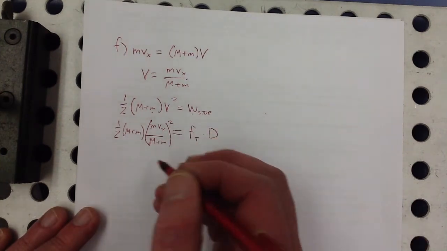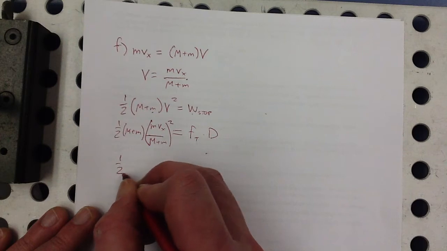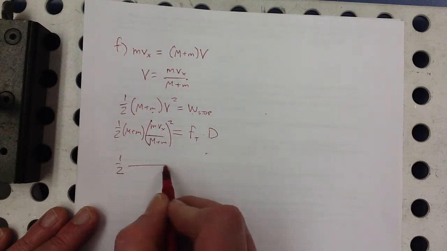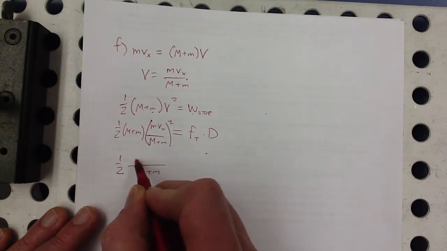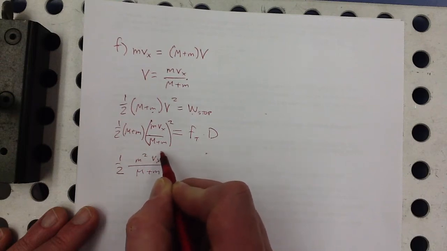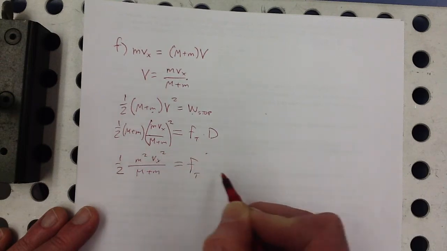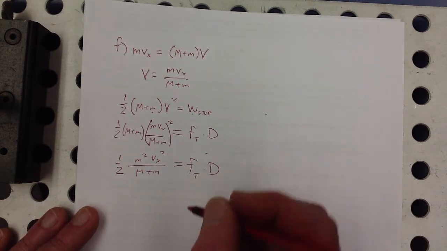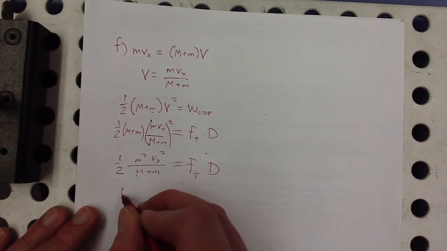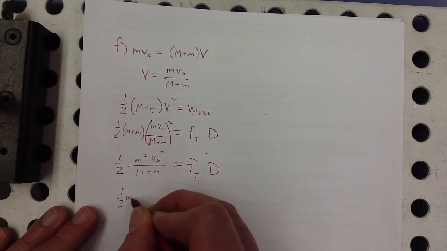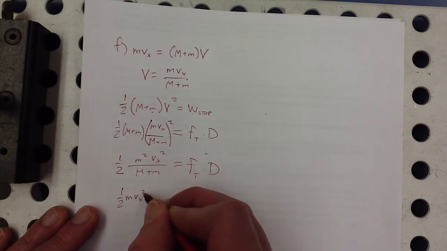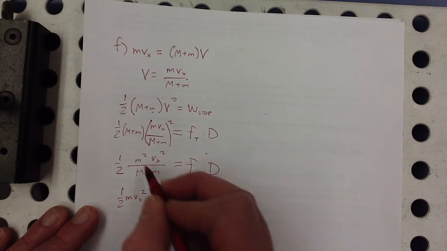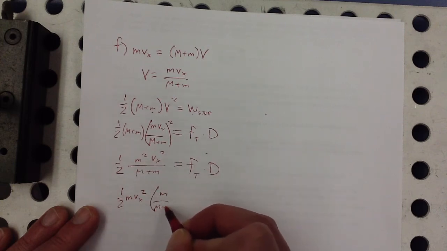Right? Well, let's just do a little simplifying here first. So I got 1/2. One of those cancels out. I still have an m plus M on the bottom. m squared Vx squared equal to g times d. Right? And if you rearrange things a little bit here, you can get 1/2 m Vx squared, and then you have an m over m plus M.